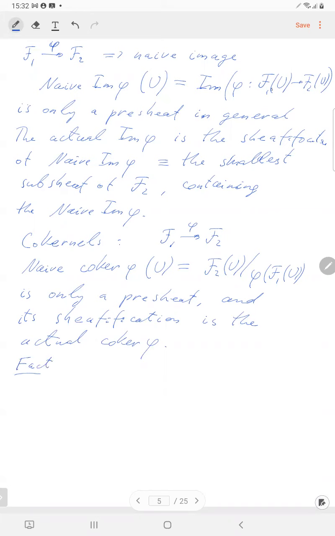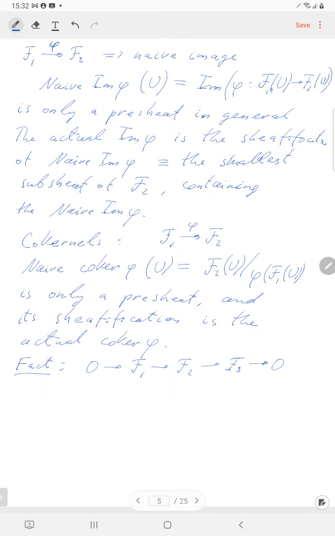Okay. So then there is a very useful fact that a short exact sequence can be detected at the level of stalks. So the morphisms between three sheaves form a short exact sequence.